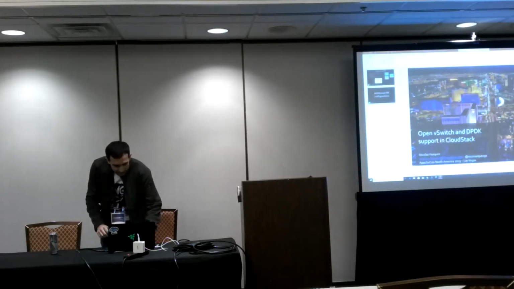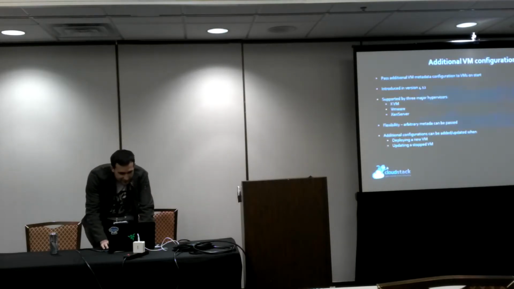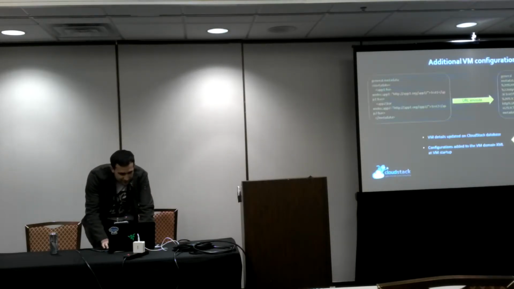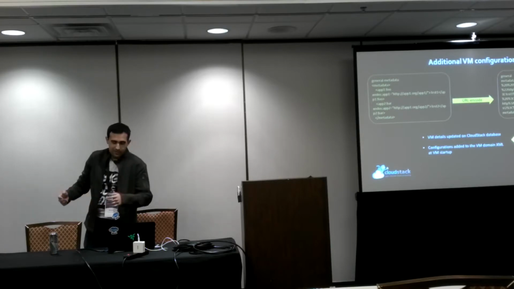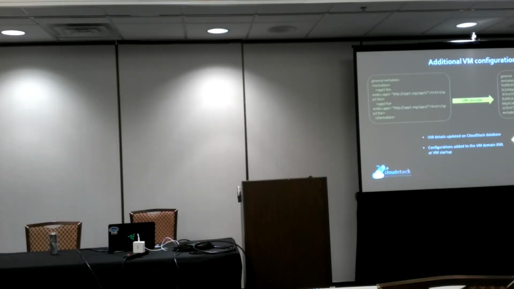I wanted to show you, but I'll do that later. Then CloudStack will update the database and send that piece of XML, which will be included in the domain XML of the KVM VM.